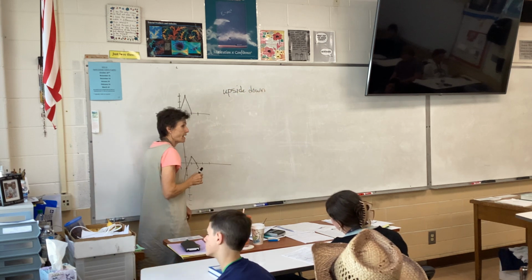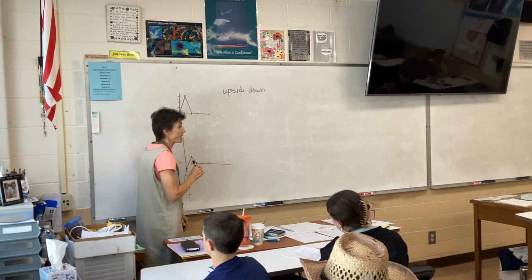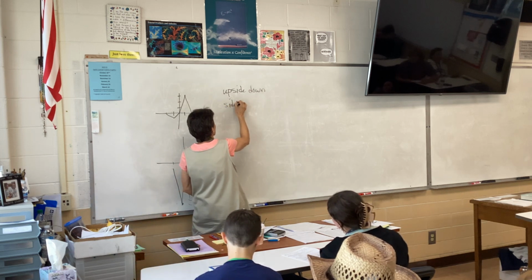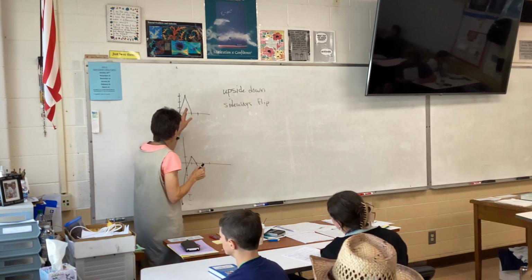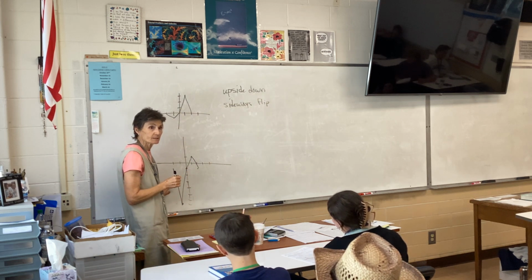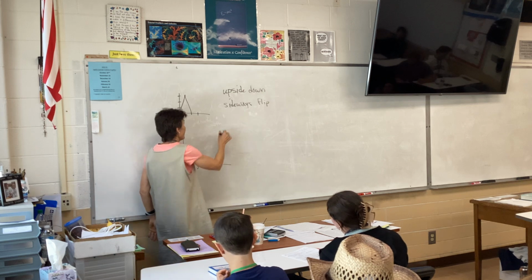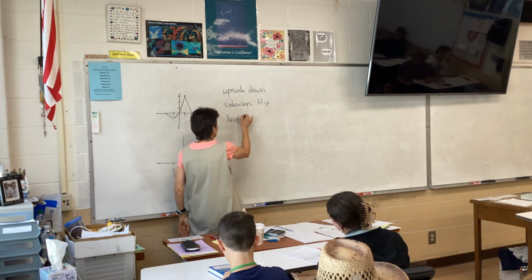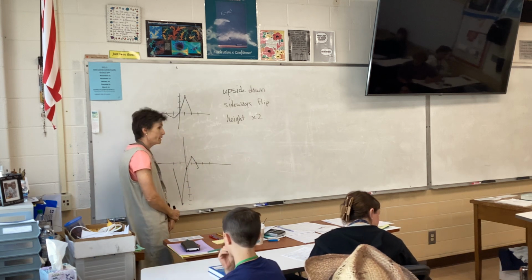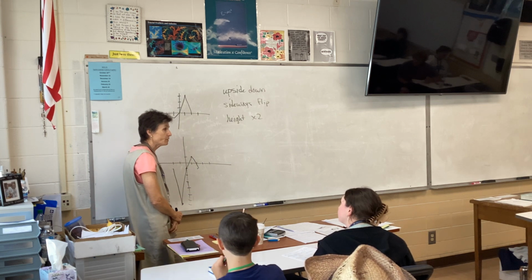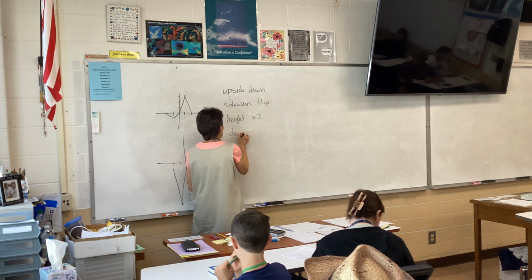All right, what else has happened? Sideways flip. Flip sideways, because it looks like the big triangle is now on the left. And the height is double. Times 2. And it went down 1.